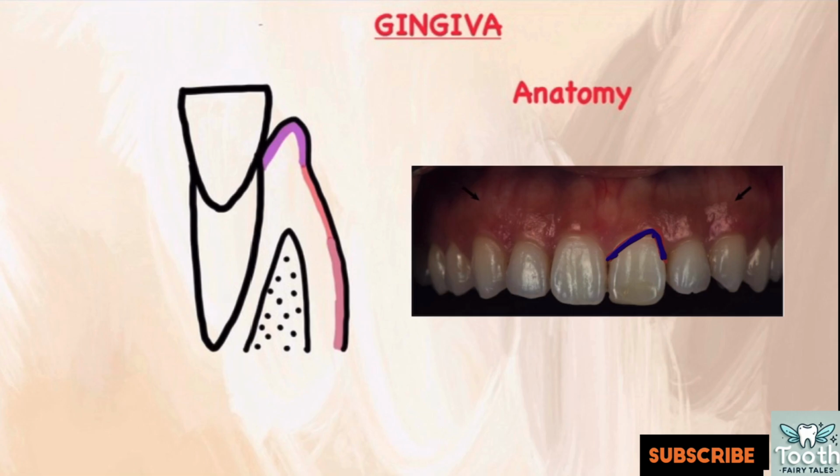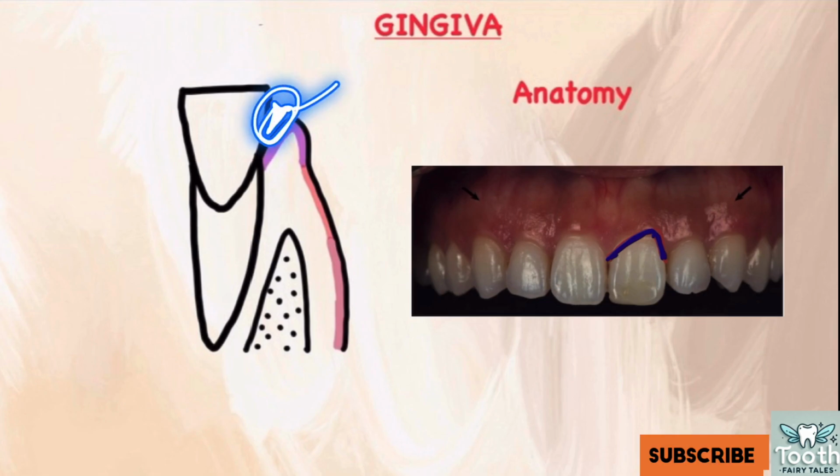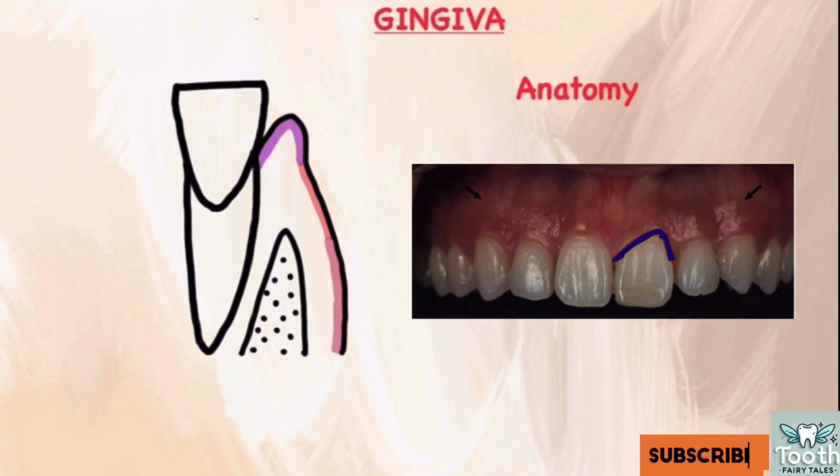Now let's move to the gingival sulcus. Gingival sulcus is a V-shaped crevice or a space around the tooth. This is the gingival sulcus, which has a V shape. Now let us see the boundaries of gingival sulcus. Gingival sulcus is bounded by the tooth surface on one side and the soft tissue wall of the marginal gingiva on the other side. The sulcus depth varies depending on the conditions.